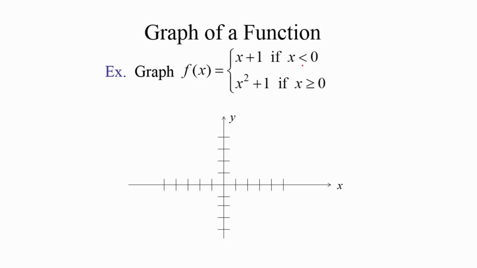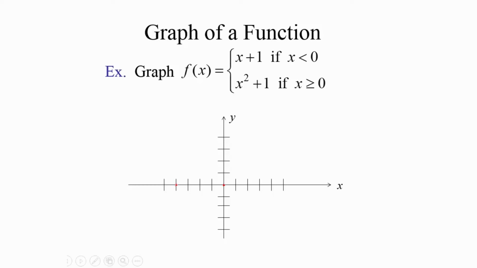If x is negative, that means in this area, anything in this area, to the left of this 0, anything here would have x negative. So for that, it would be x plus 1. The function would be x plus 1. For example, if x is, let's say these are 1, 2, 3, 4, right?